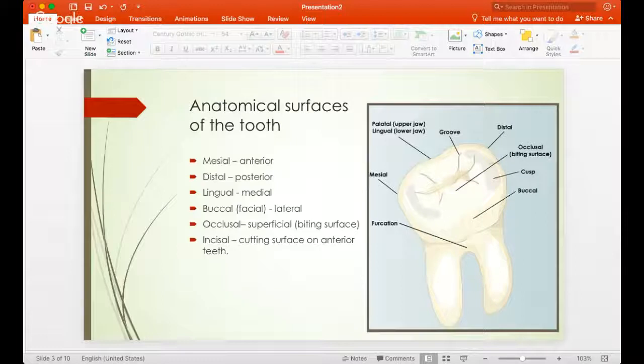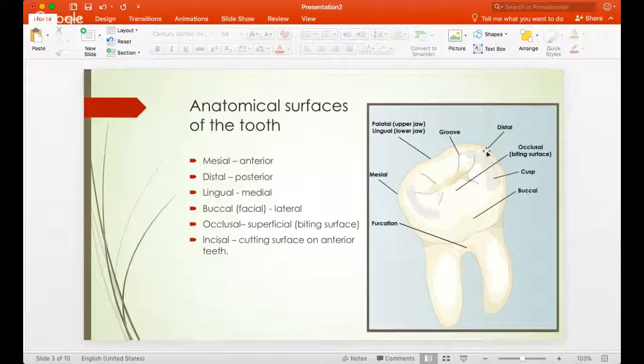Here, I just want to go over briefly the different anatomical surfaces of the tooth, so that we're on the same page. First, the mesial surface is this front surface here. It's the anterior, the front of the molar.